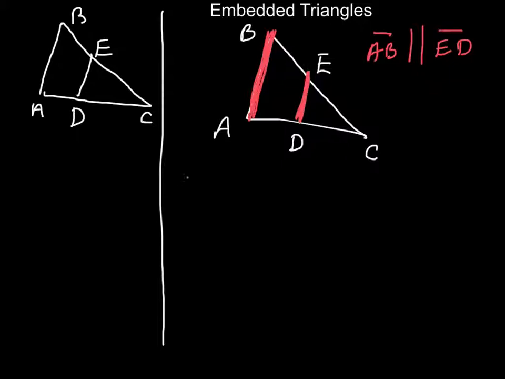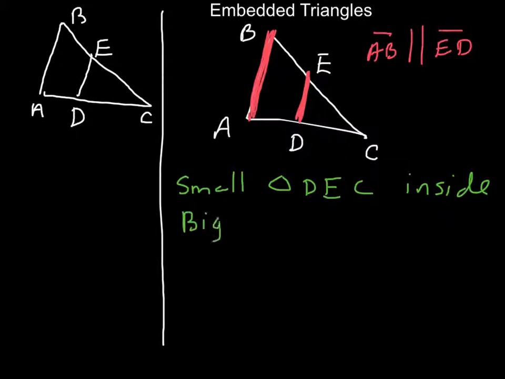We have a small triangle, which is triangle DEC, inside the big triangle, which is triangle ABC.